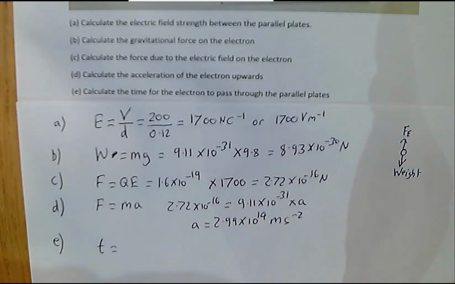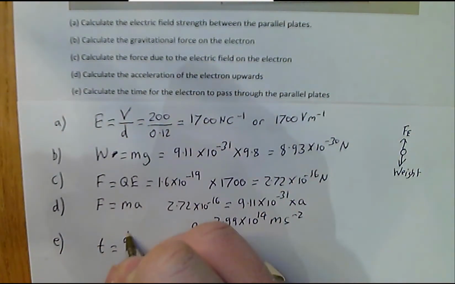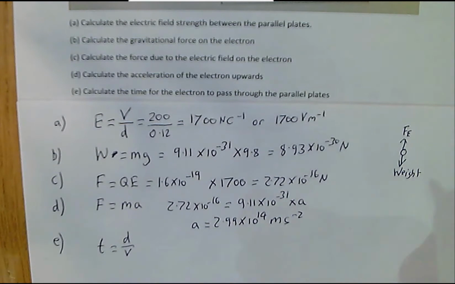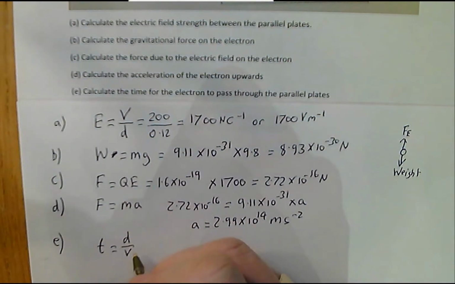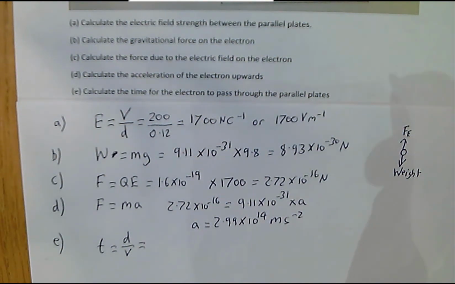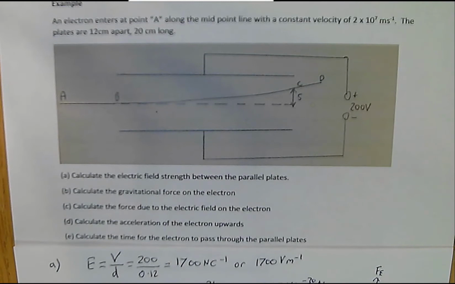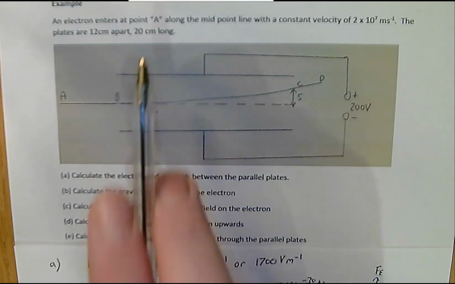Because horizontally there are no forces acting, time is distance over speed, or if you prefer, displacement over velocity. It doesn't matter, they're both the same in this case. The length of the plates that it's going to travel through, also given at the top here, is 20 centimeters.